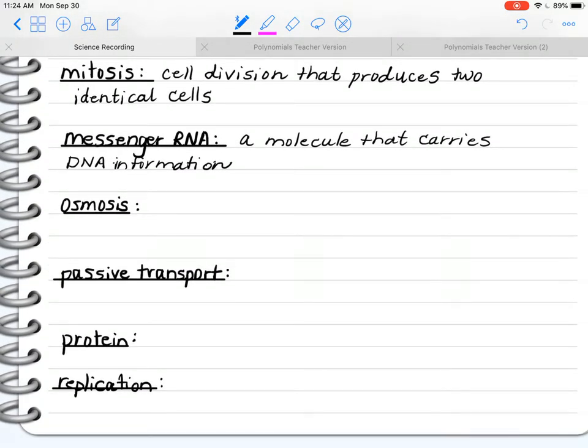Osmosis. This is the process by which water moves across a cell membrane or a cell skin.